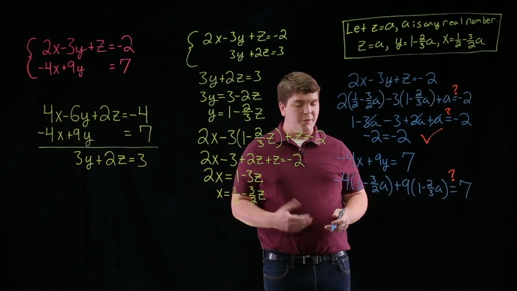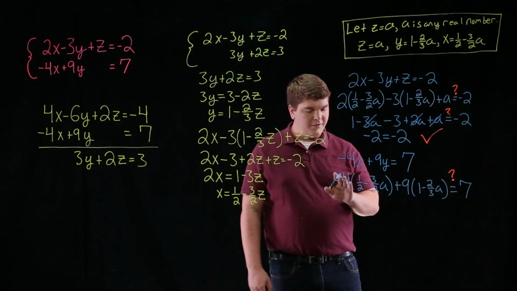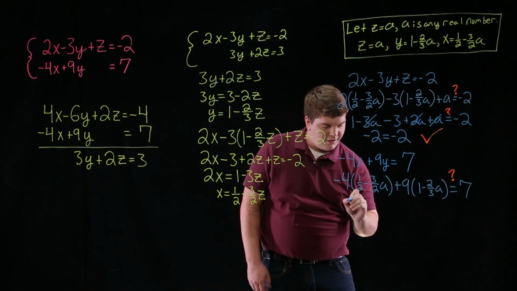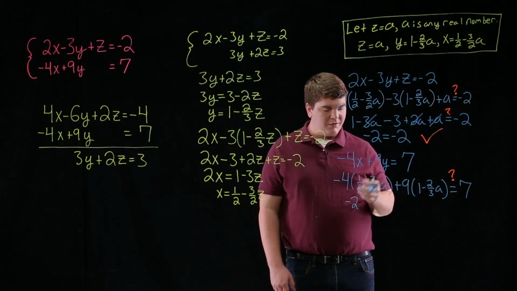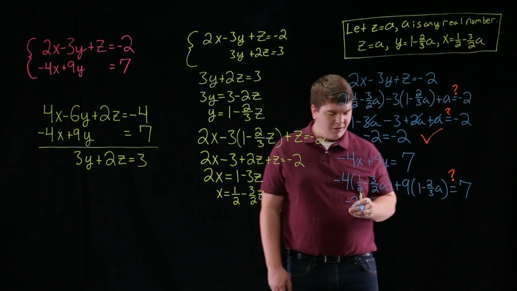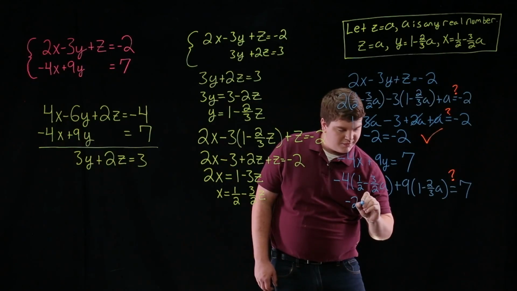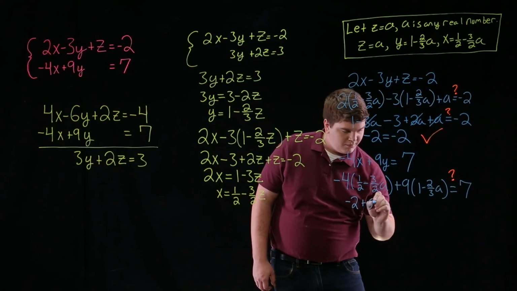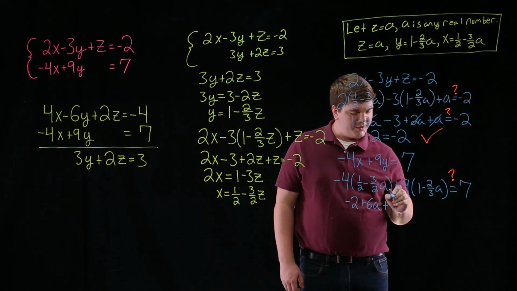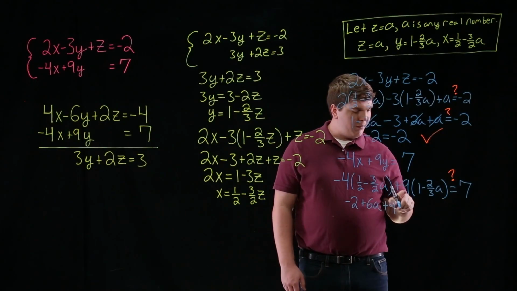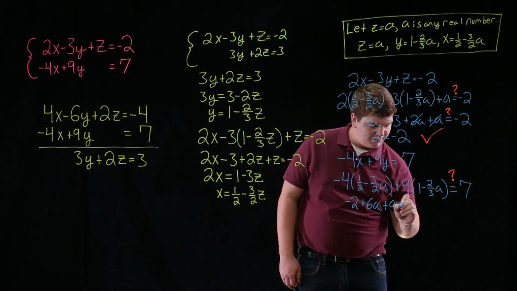Well, using our distributive property, we'll have negative 4 times 1/2 is negative 2. Negative 4 times negative 3/2 a will be plus 6a, plus 9 times 1, which is 9, and then minus 6a.